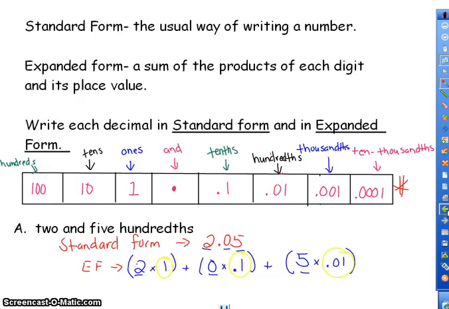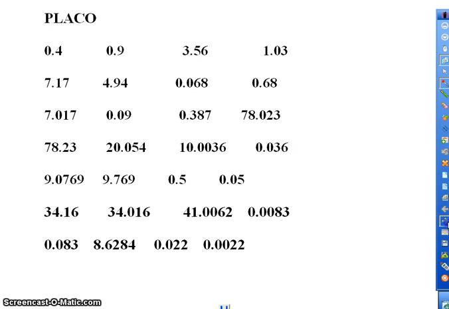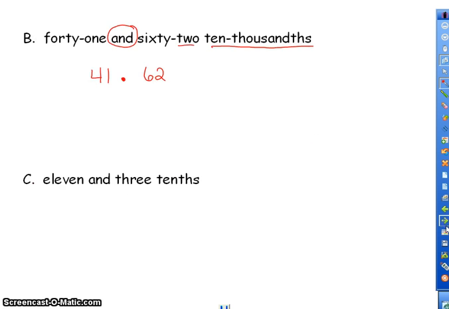Okay? So I'm going to look back at my place value chart. Ten-thousandths is 1, 2, 3, 4 places behind. So the 2 has to be in the 4 spot. So here's 3, which means in these 2 blank spots I'm going to add, you're right, zeros. So that's 41 and 62 ten-thousandths.